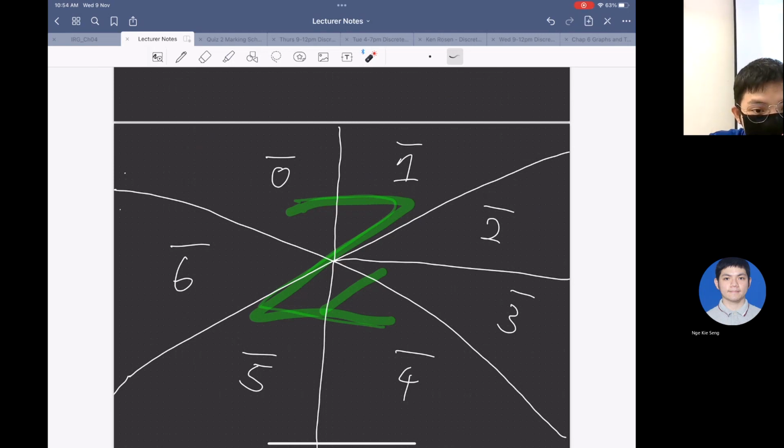Borderline, like 79, 78. If borderline, I see borderline, Wang Dong is here. Is Wang Dong here? Wang Dong. Not here. Is Wang Dong here?